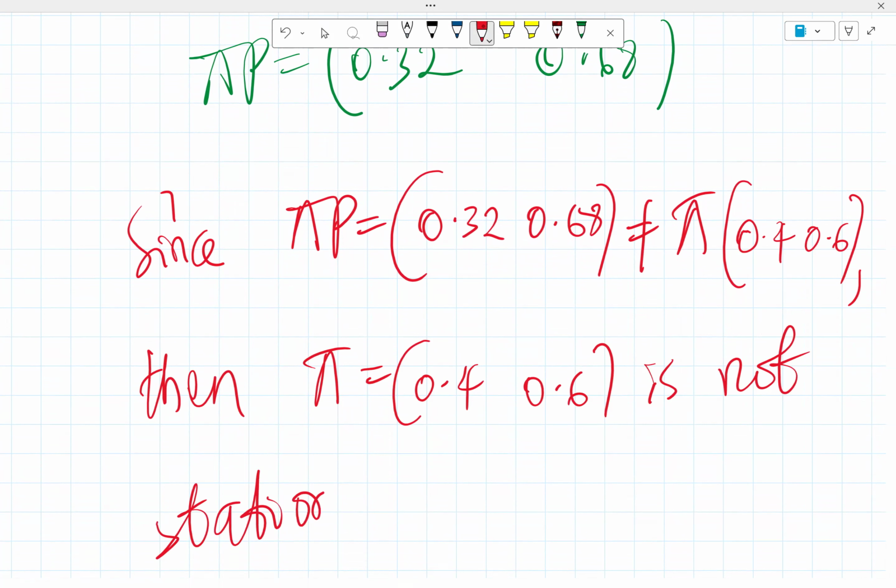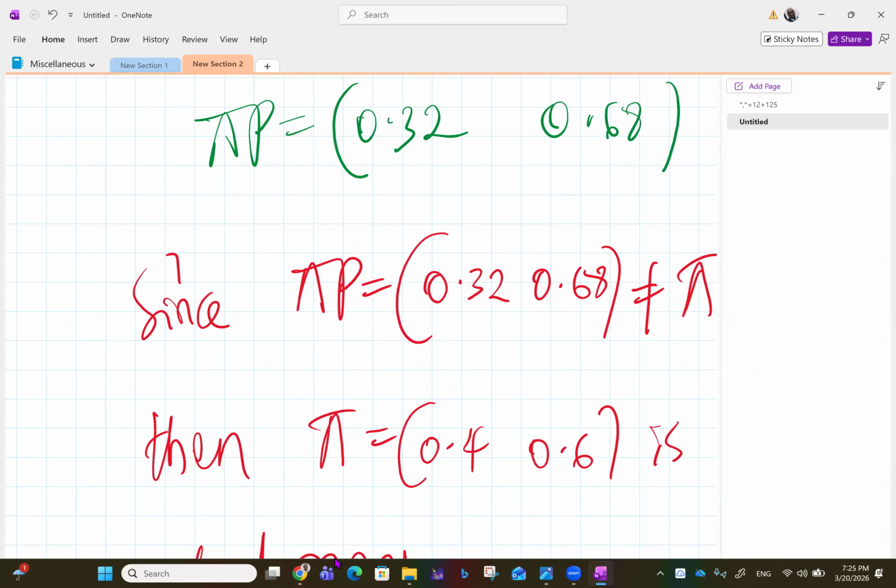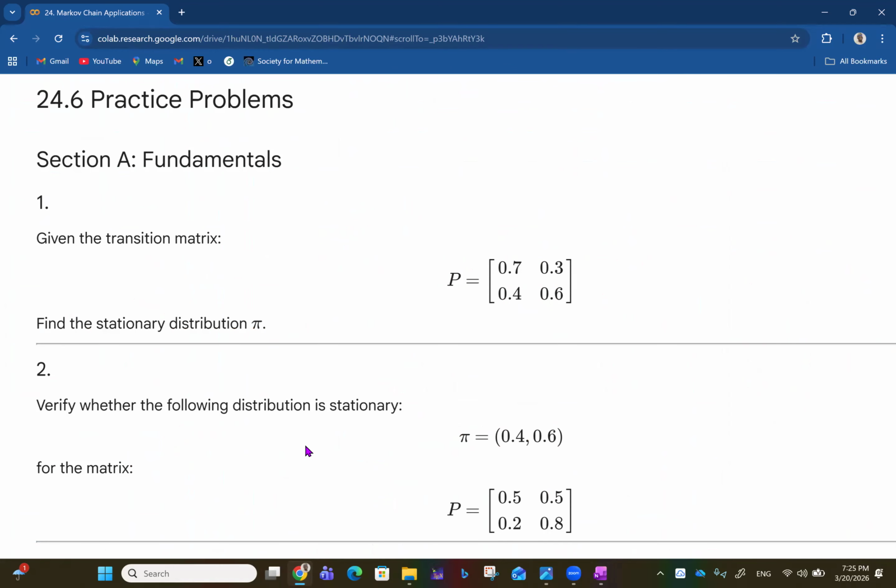It's not stationary. Okay, so that's what we have right there. So yeah, we can try other questions.